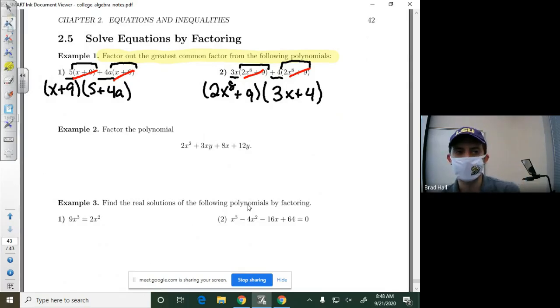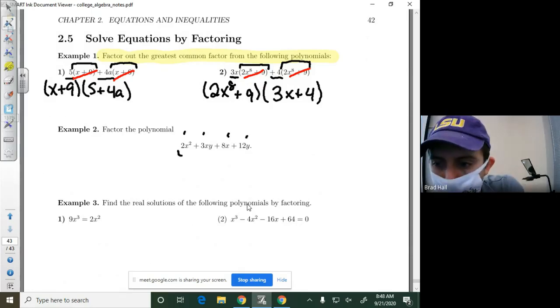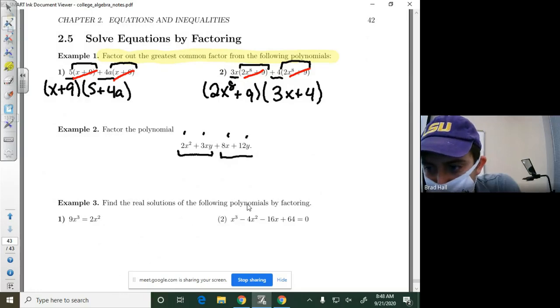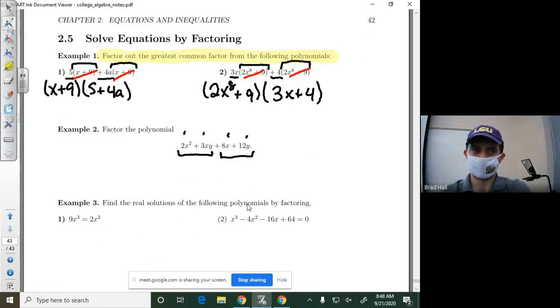In this problem, your thought process should be, all right, I count 1, 2, 3, 4 terms. That means I should factor by grouping. What am I grouping? Well, I'll group the first 2 things together and the next 2 things together. This is just like the AC method.